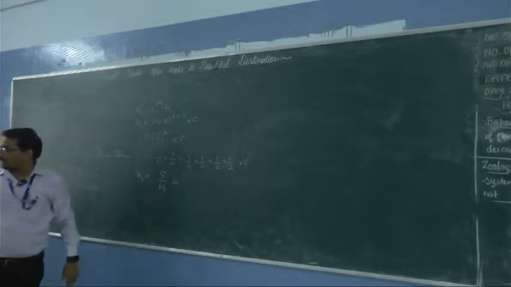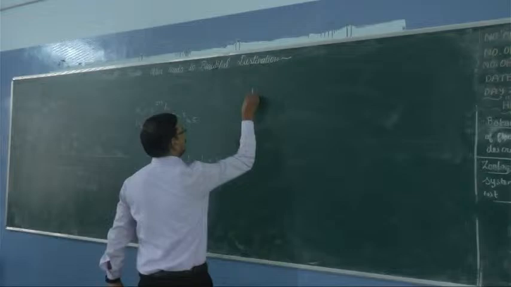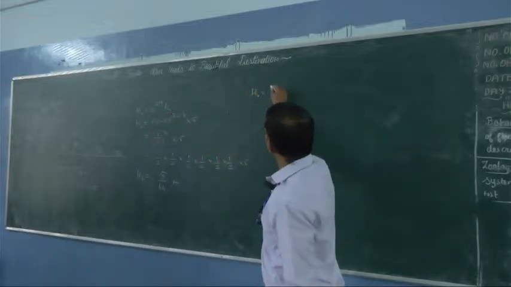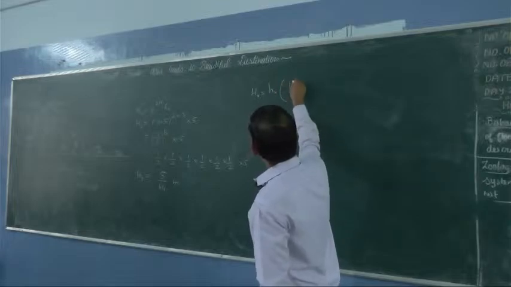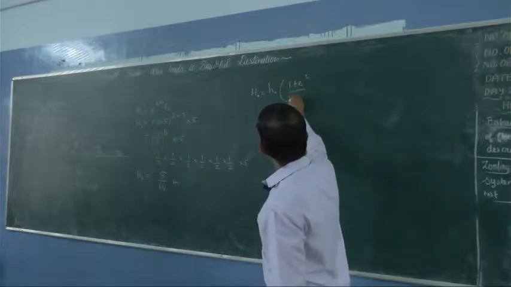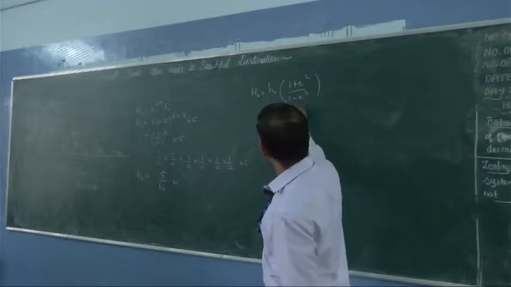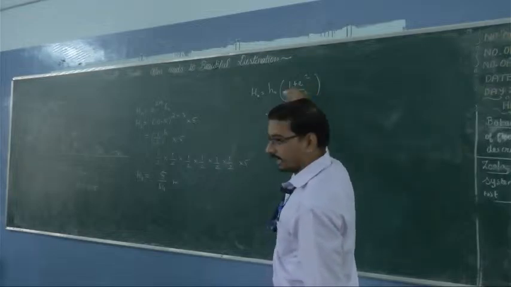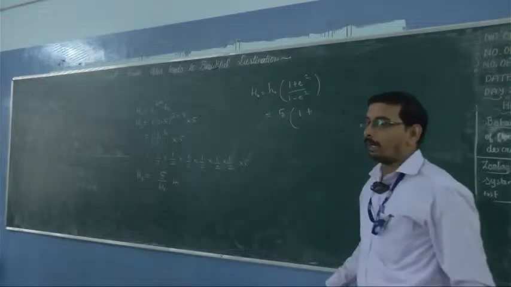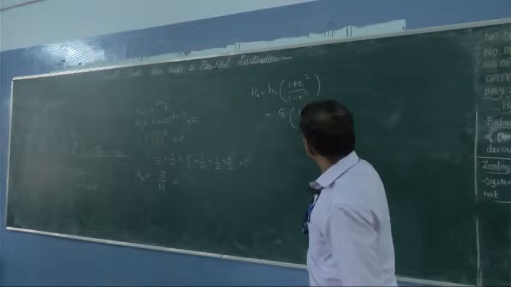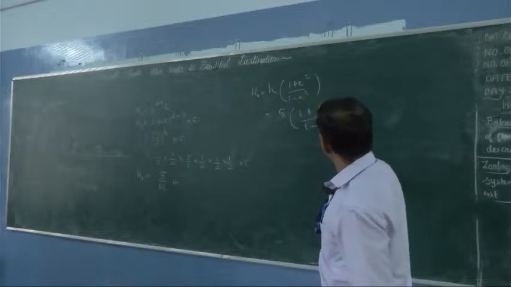What is the shortcut formula? Total height traveled after n rebounds is equal to H0 into (1 plus E square) by (1 minus E square), where H0 is nothing but 5. 1 plus E square, E value is 0.5, 0.5 the whole square is 0.25, and 1 minus E square is 1 minus 0.25.